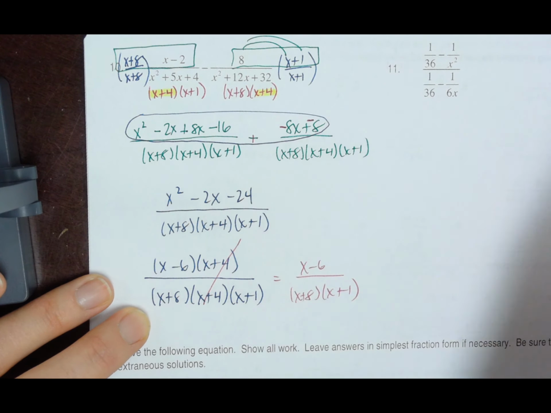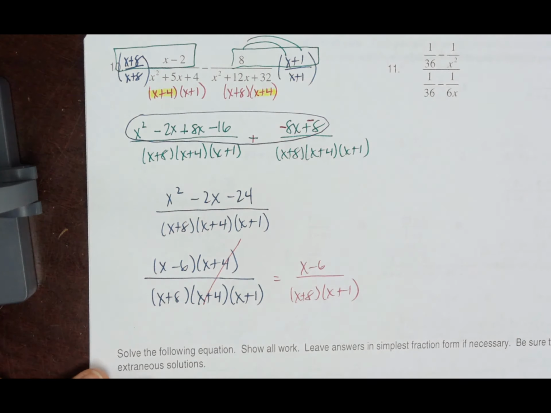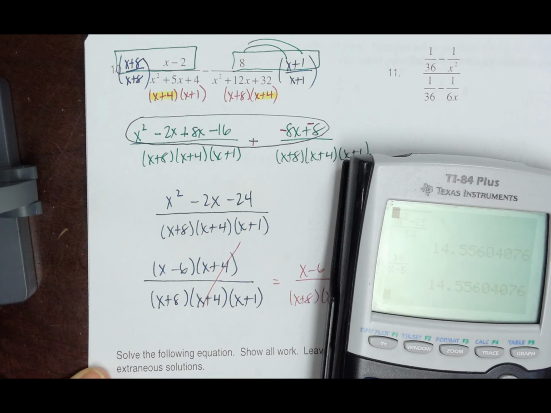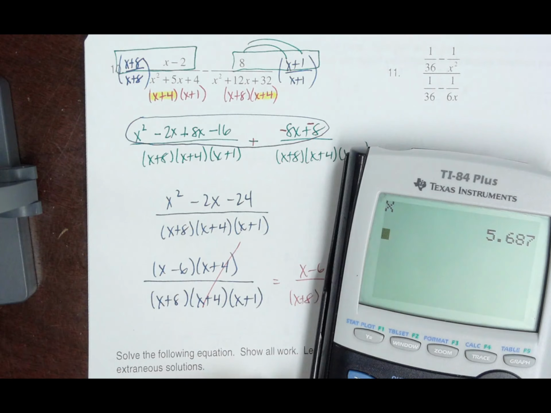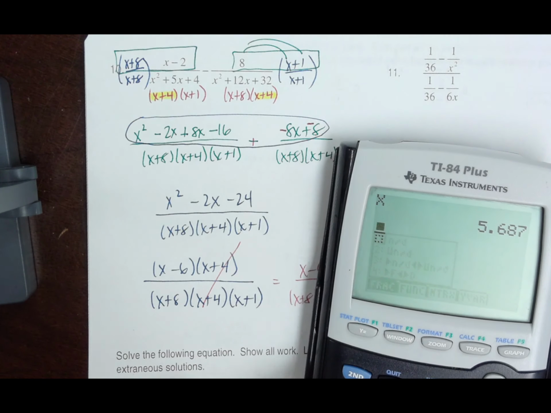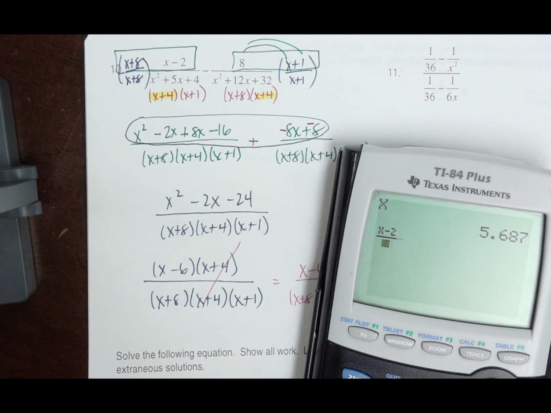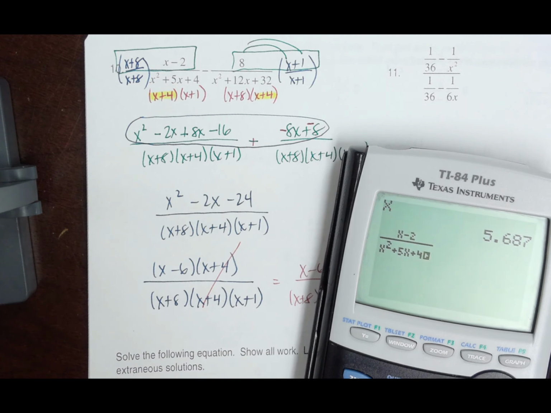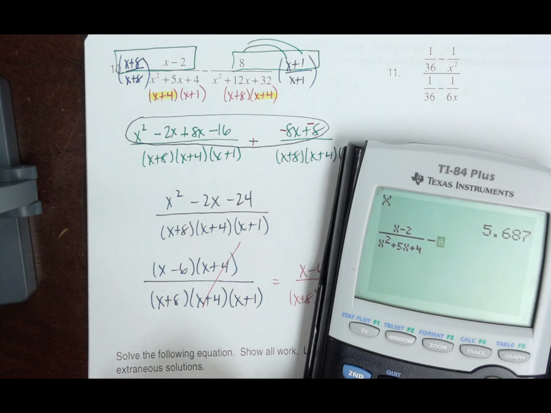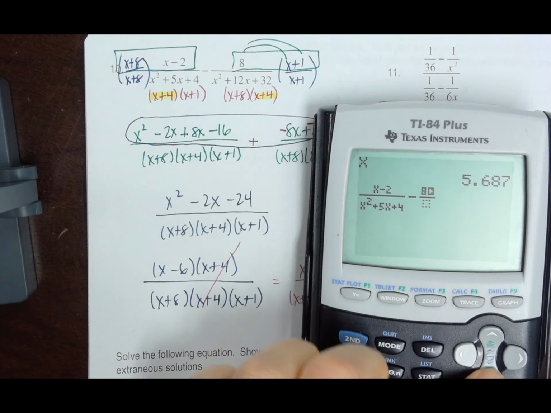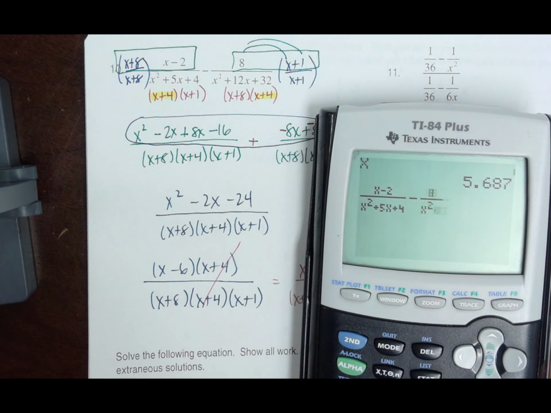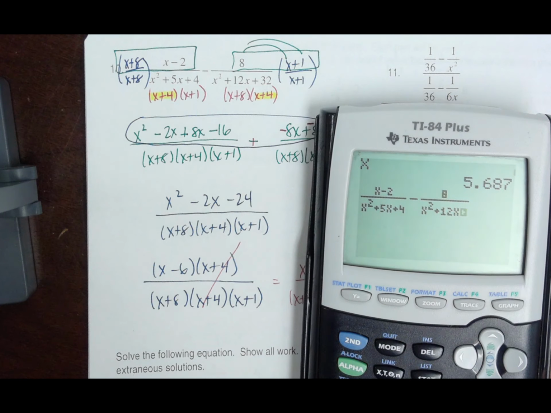All right, and again, you can check these in your calculator. You can store a value for x, which in this case, x is this 5.687. And I'm going to go back to the original, type in x minus 2 over x squared plus 5x plus 4, and then minus the second fraction, so 8 over x squared plus 12x plus 32.